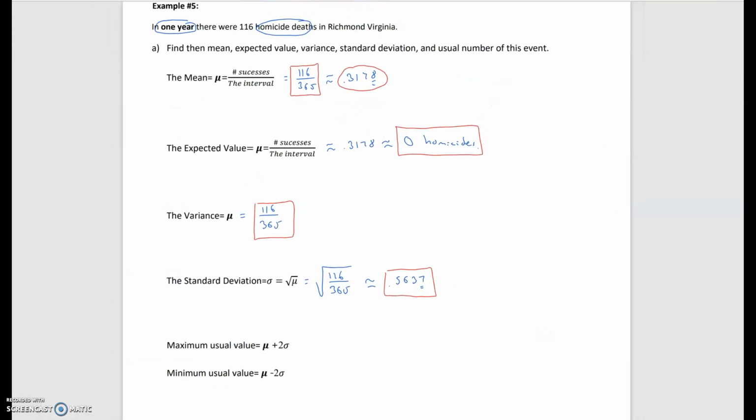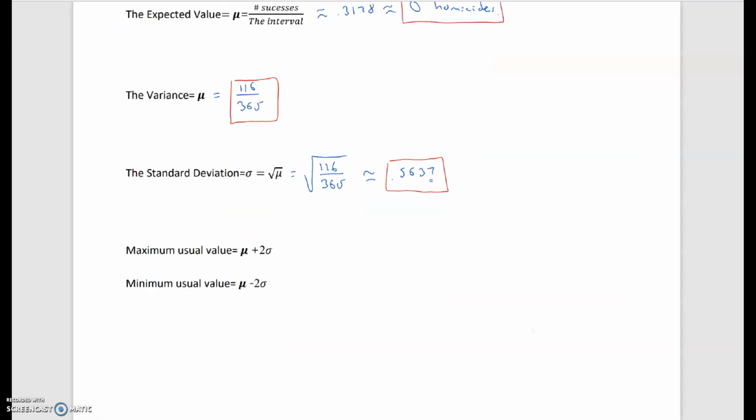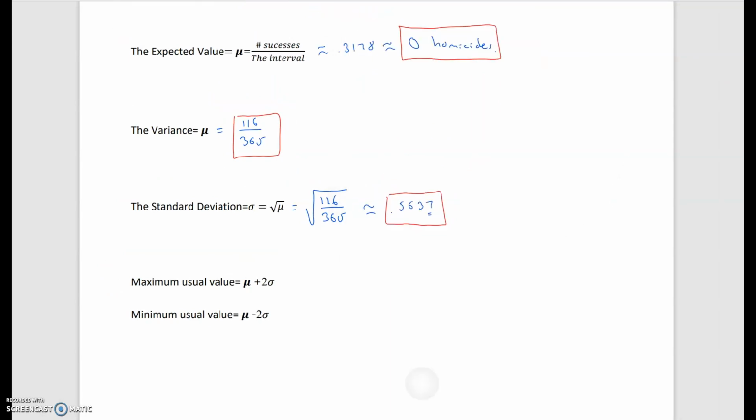The next part of the question is asking for the usual interval. That represents how many homicides are expected from a min to a max. Let me use the decimal approximations. The maximum value is going to be 0.3178 plus 2 times 0.5637, and the minimum is 0.3178 minus 2 times 0.5637.